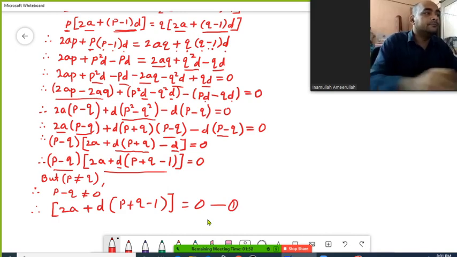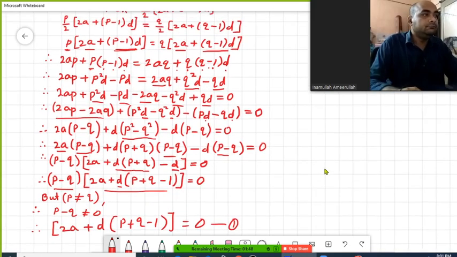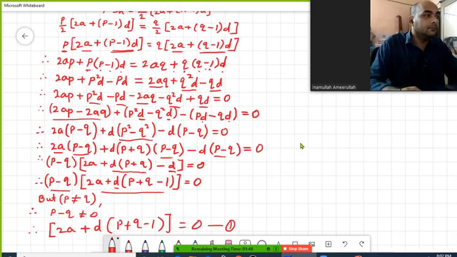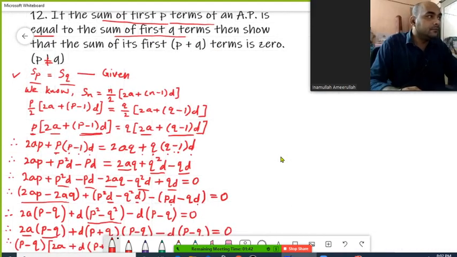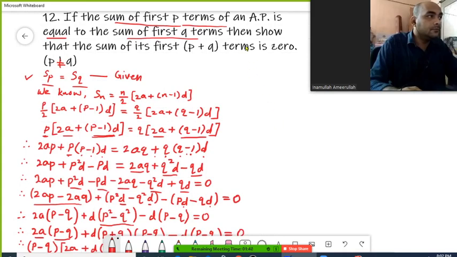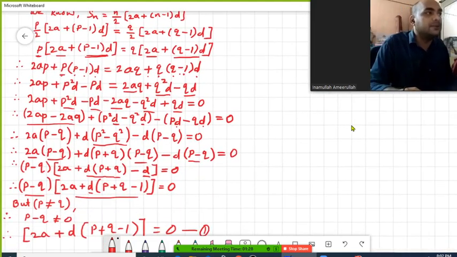Now the next part of your question says, then show that the sum of its first p plus q terms is 0. So let us see. What is the sum of first p plus q terms?